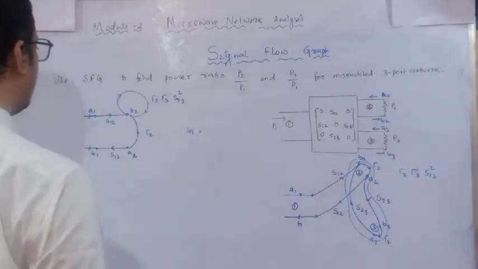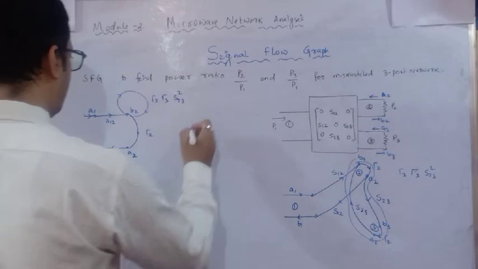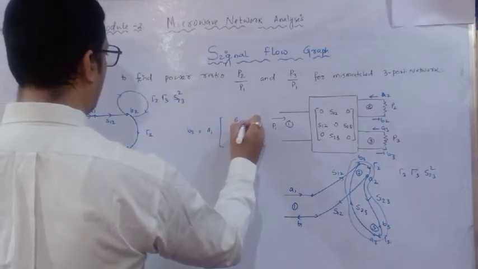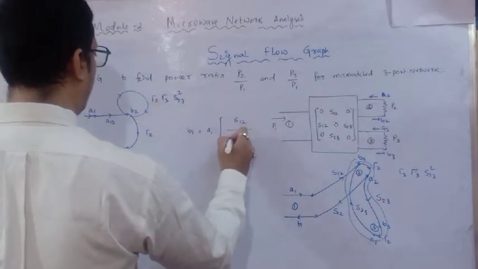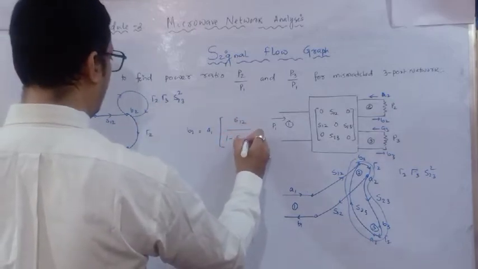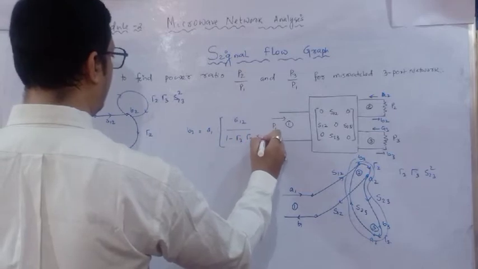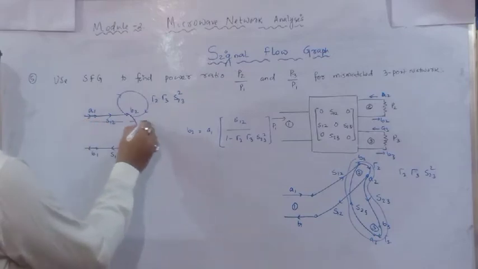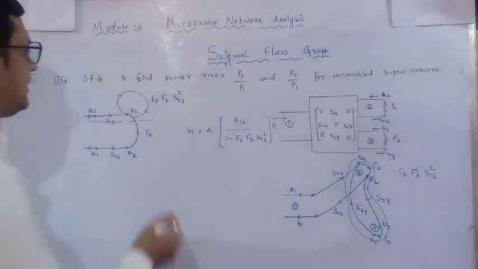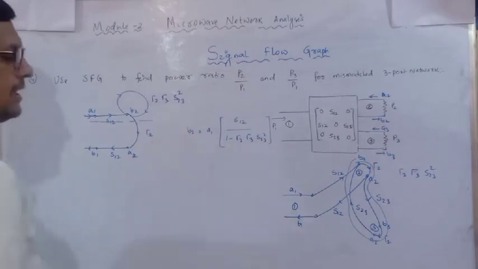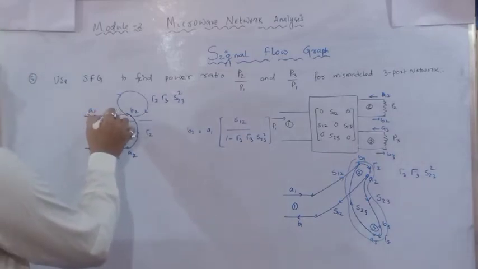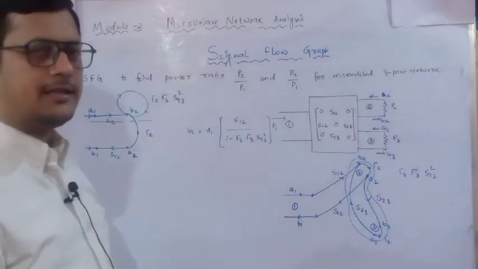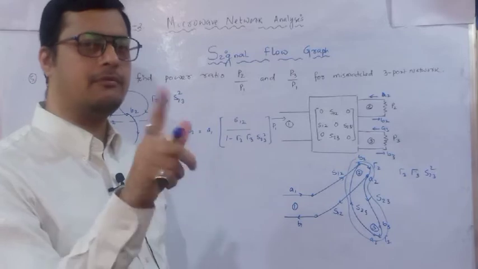B2 is equal to A1 into S12 divided by 1 minus reflection coefficient 2, reflection coefficient 3, S23 square. Now from the upper part, what is the relationship between B2 and A1? B2 is equal to A1 times the scattering parameter, with the self loop. This self loop relation we have already seen, and that self loop we have to deduce it.